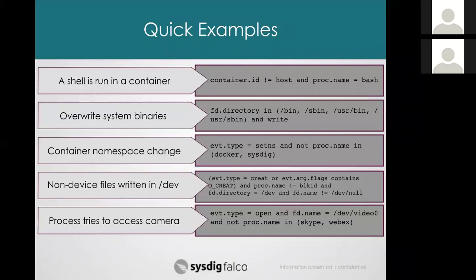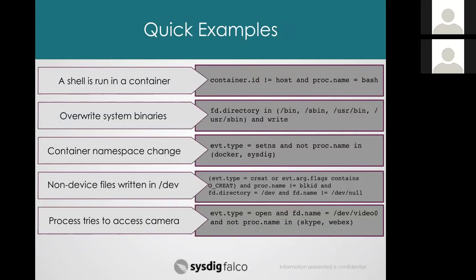So let's give you a little bit of a teaser and talk about some of the things Falco can do and detect, with snippets of how you would actually detect them in Falco. Let's say you wanted to see that somebody's running a shell inside a container.